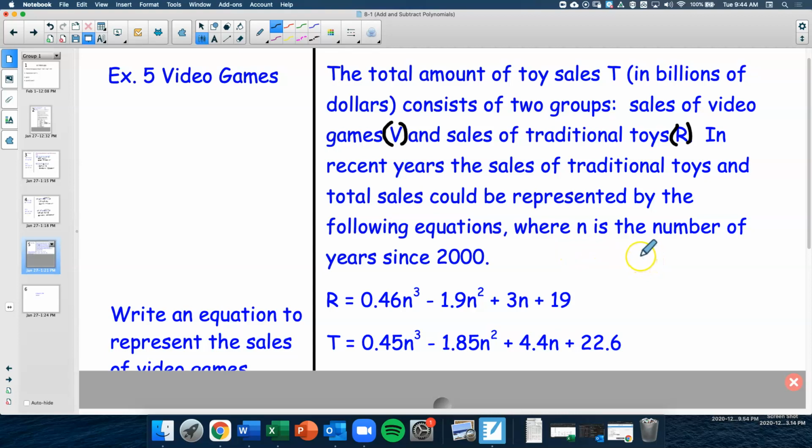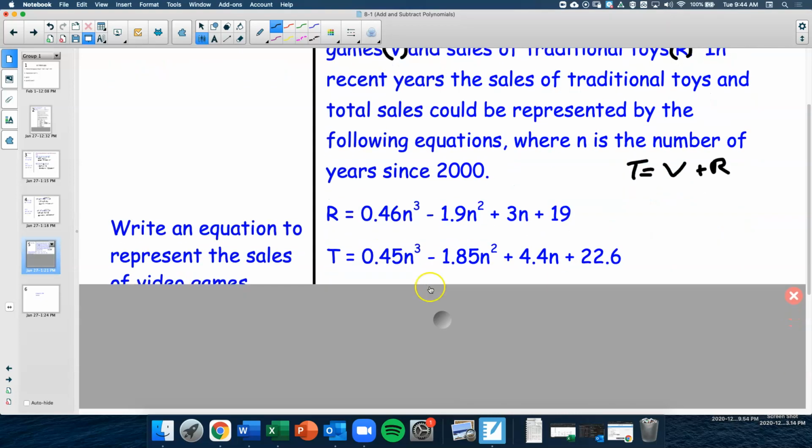So again, total sales is going to equal your video games plus your traditional toys. Now here are your long equations for R and T.